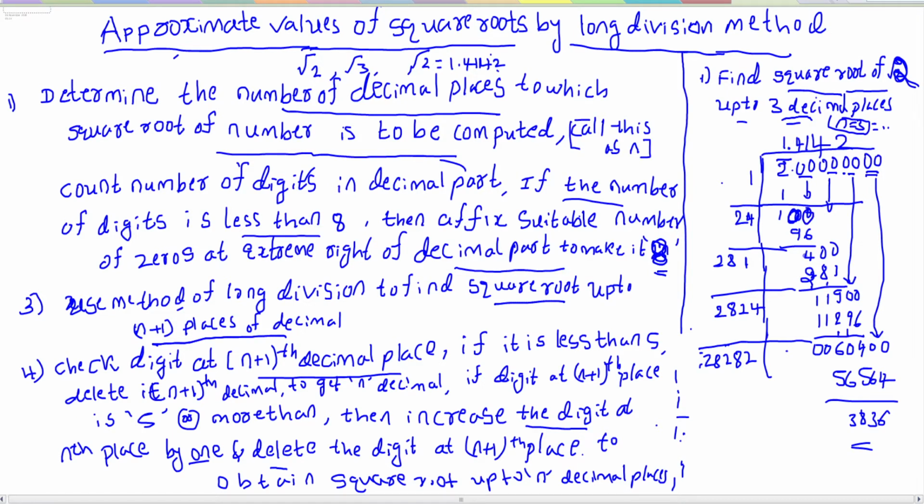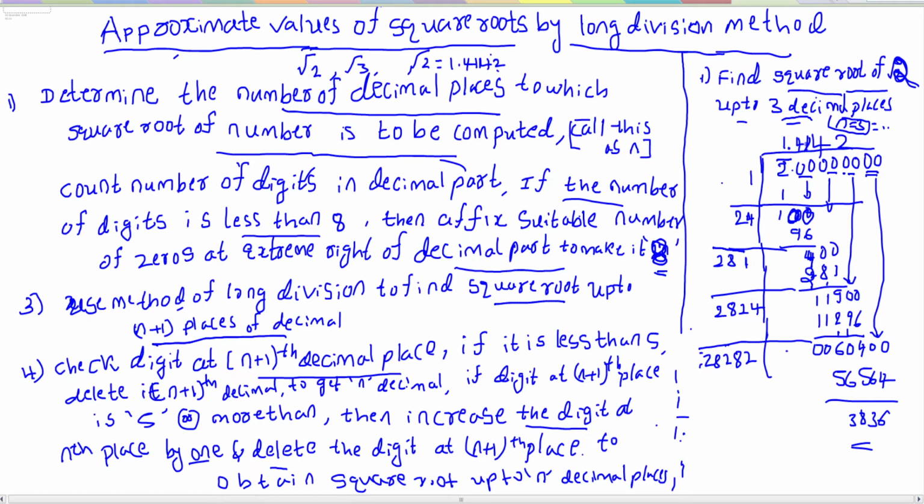Next, 24 into 4 is 96. The remainder is 4. Bring down the next period, that is 400. Next double this 14, it becomes 28. 281 into 1 is 281. Subtract, you get 119. You bring down the next period again.